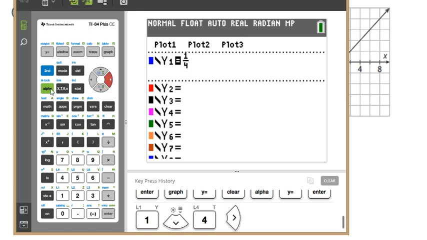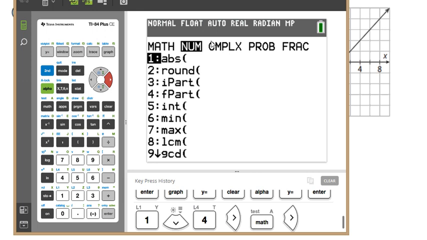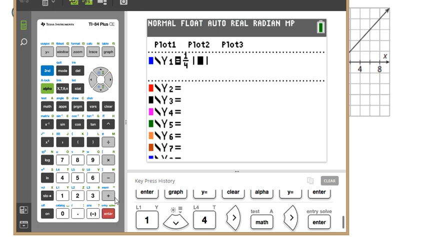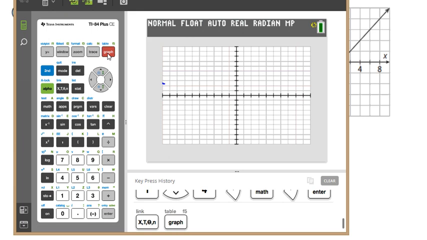Now, this time I'm going to go to math, and I'm going to go to the right one where it says number, and then under that is ABS. Press enter there. So we got absolute value brackets, but using a different method. And then I'm going to press graph. So what you're doing here, you're getting 1/4 of the amplitude.